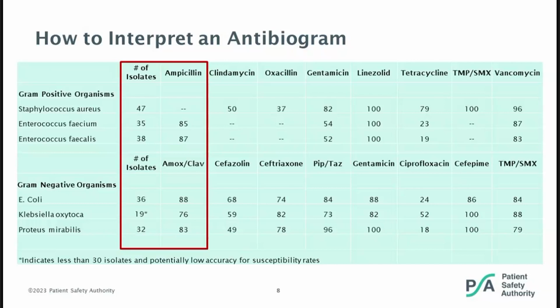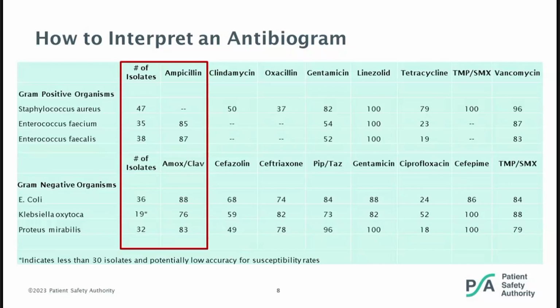If we look at Proteus mirabilis, this is an organism that we often see in urine cultures. Again, we have 32 isolates, and if we go across, we have tetracycline, again, low at 18%. So this is not an antibiotic that we are going to choose to treat an infection with this particular organism.